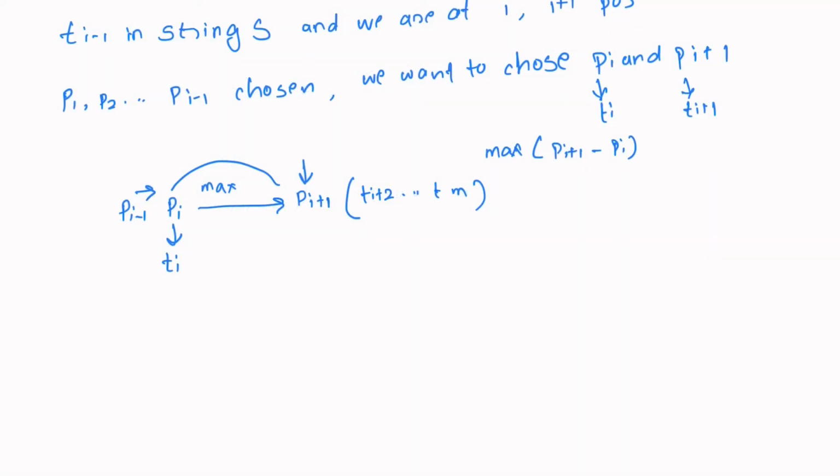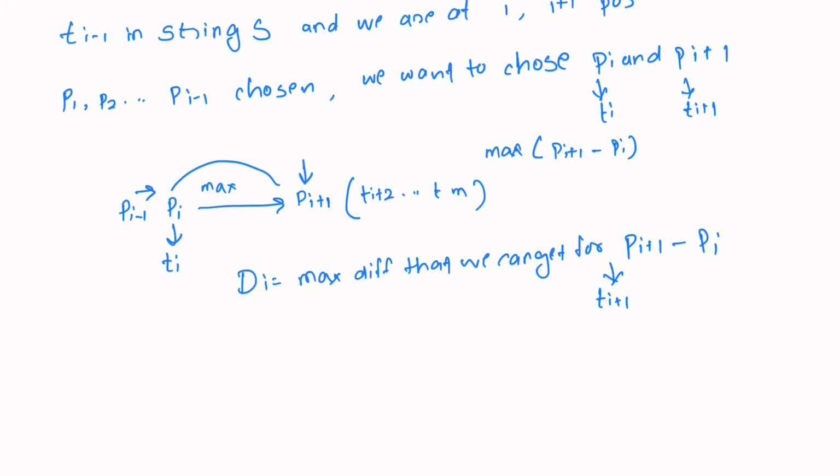Let's denote that difference by d of i. So d of i is equal to the max difference that we can get for p of i plus 1 minus p of i corresponding to the characters t of i plus 1 and t of i.